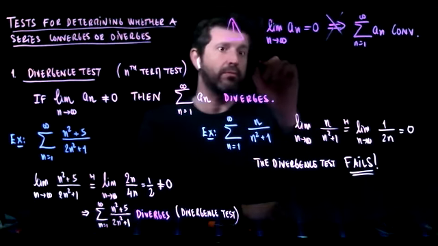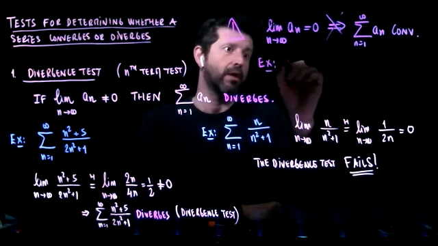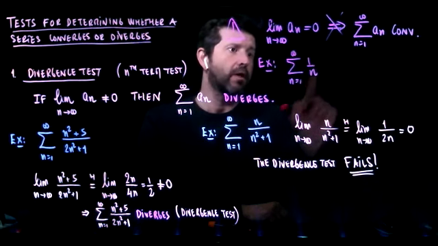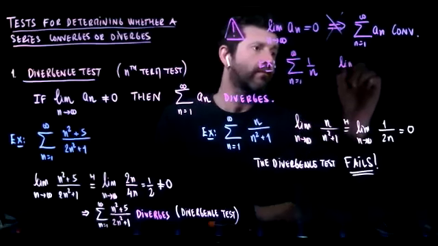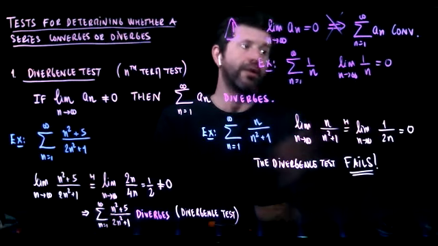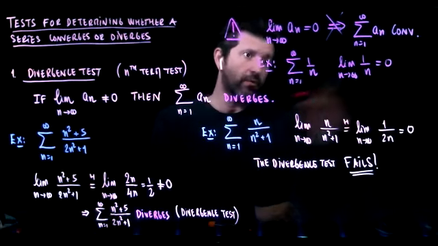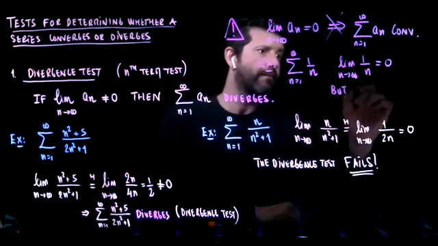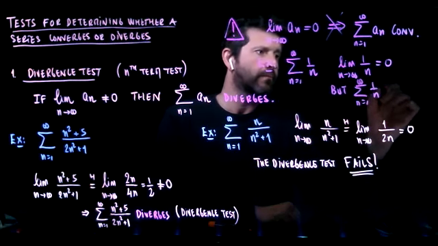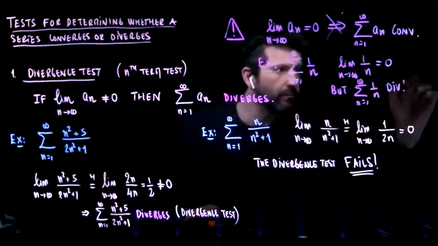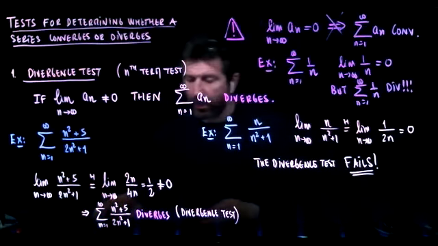The best example is the harmonic series. The limit as n approaches infinity of the term 1/n is still 0, but the series still diverges. We proved it before. Okay, I hope that's clear.